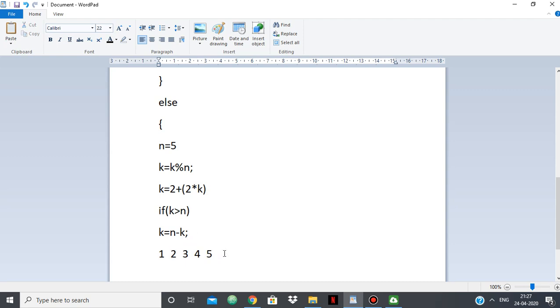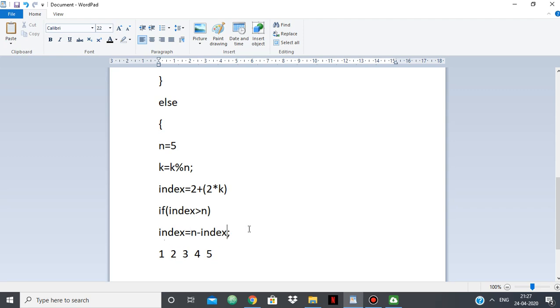So it is not actually 6, but it is 6 minus 5, which is 1. So actually this is the index, the index at which the pointer will be. So if index is greater than n, then the index at which I'm going to be is n minus index.